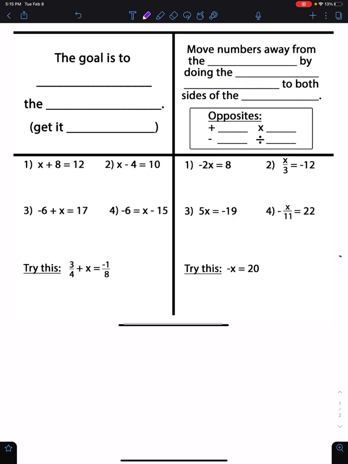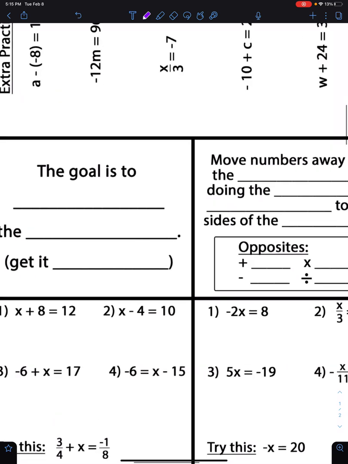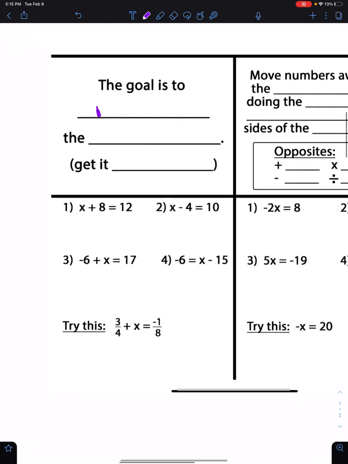When we solve equations, our goal is always to isolate the variable. You'll hear this a lot as you go along in math. The word isolate means to be alone, right? So we're trying to get that variable to be alone. That's the whole point of solving equations.